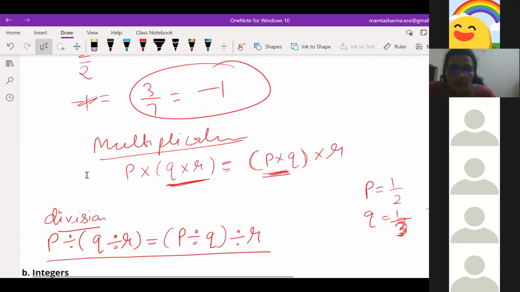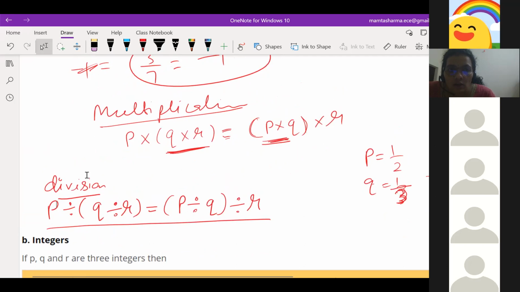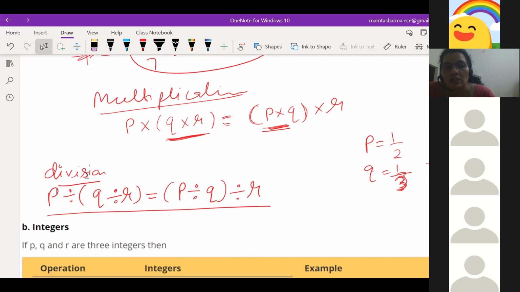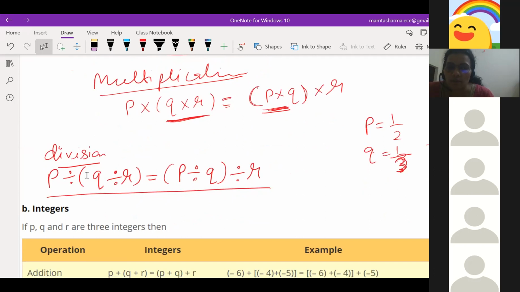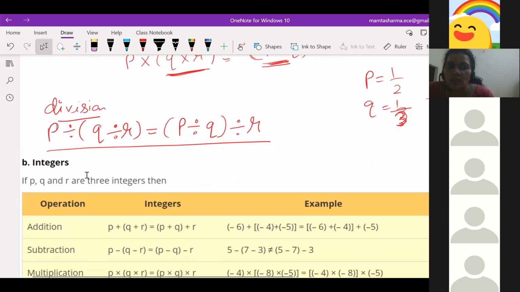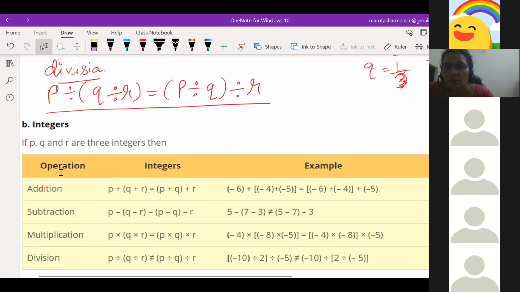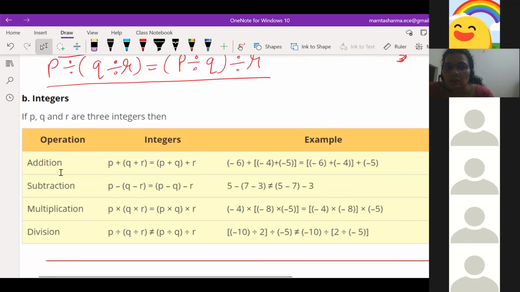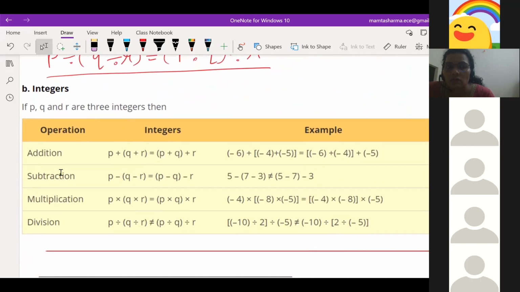Check the same property for all the operations, addition, subtraction, multiplication and division, for integers and for whole numbers. We have checked this for rational numbers. Now as homework, check the same property for all the operations for integers and whole numbers. Okay, got it? Got my point?